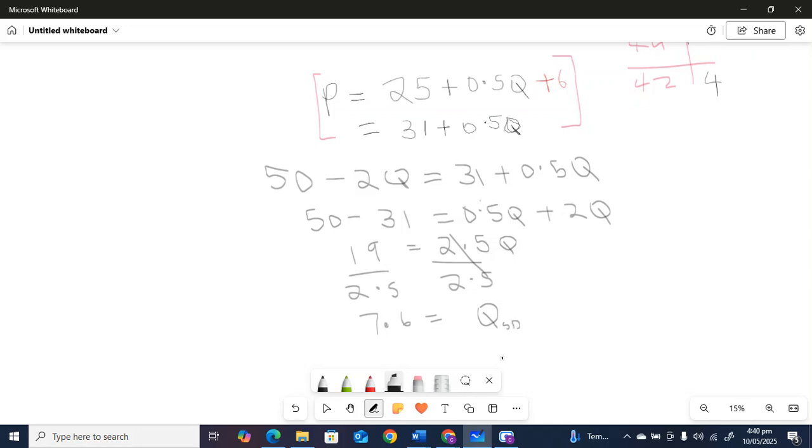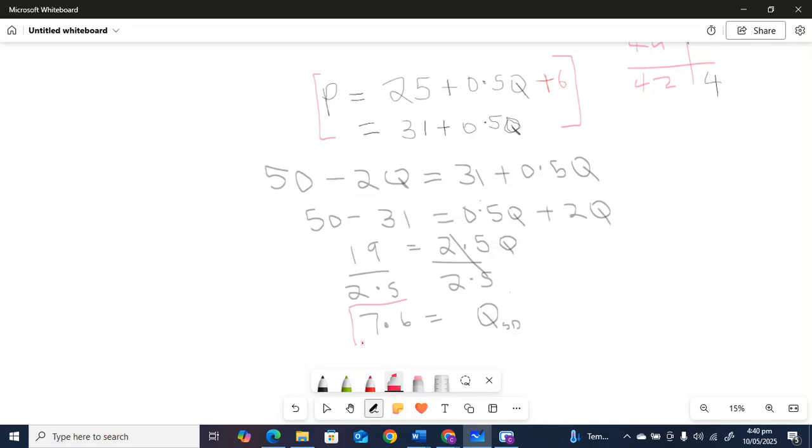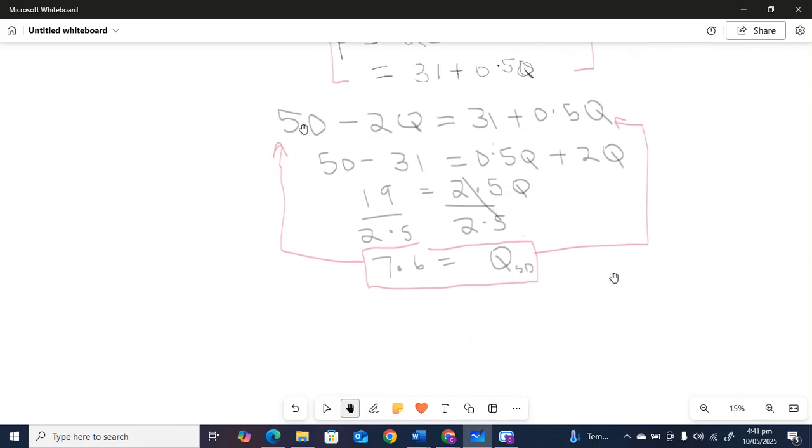Now we want to find the new equilibrium price. You can substitute Q equals 7.6 into either the demand function or the new supply function. Let's use the supply function.